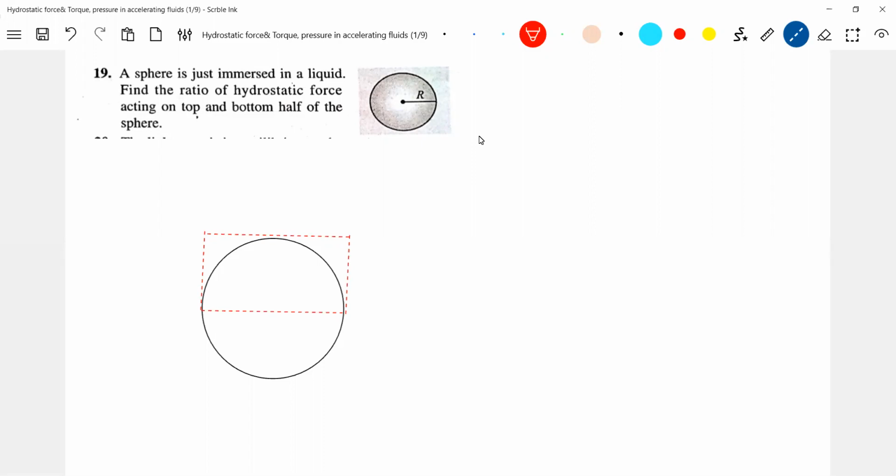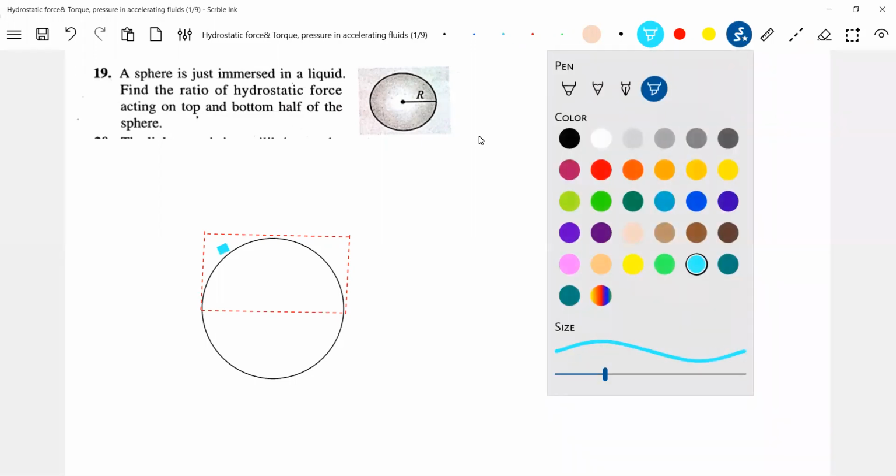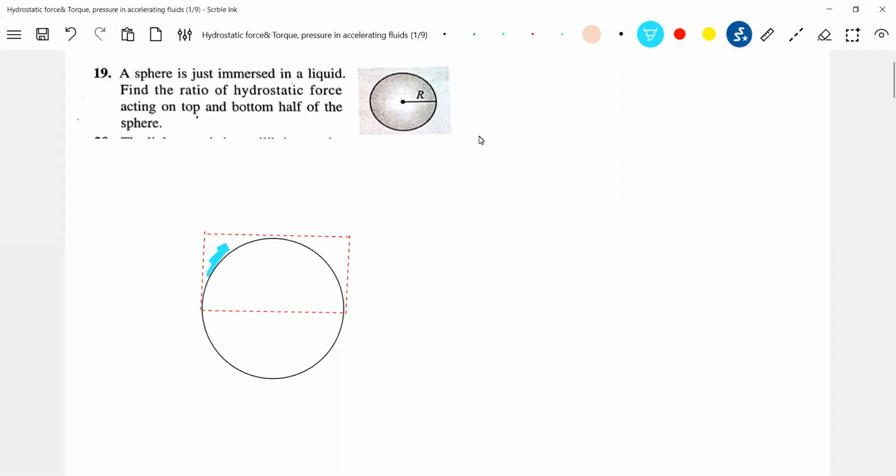There's a layer like this here. Coloring later on I'll do it because it'll take more time. Only the essential one, I'll just show you that one. So let me assume only this part of the liquid.